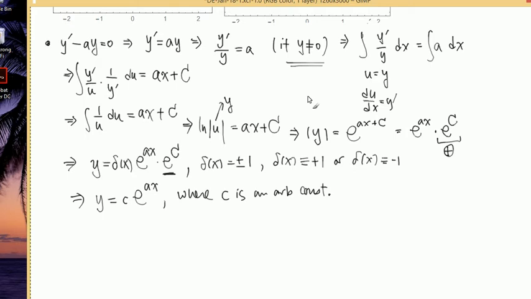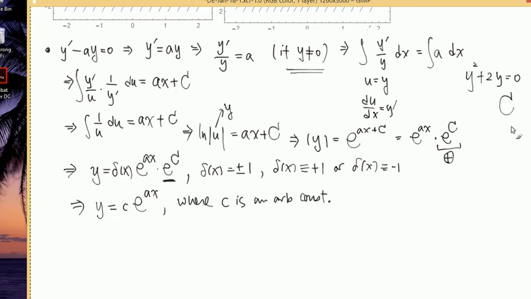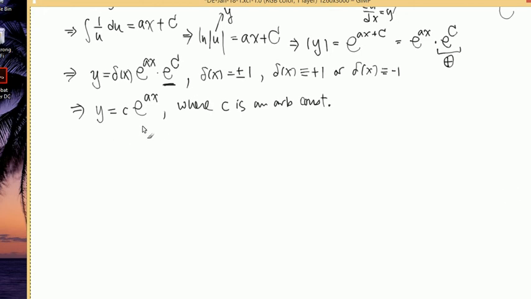So after you discover the solution looks like this, I'll introduce a slightly better idea, an argument that is a lot cleaner than this. We'll stick to that to actually prove these are all the solutions. So a is fixed, giving you one equation, and c gives you many solutions to that one equation. But we switch to the little c to cover all of them. Does that make sense? All right.